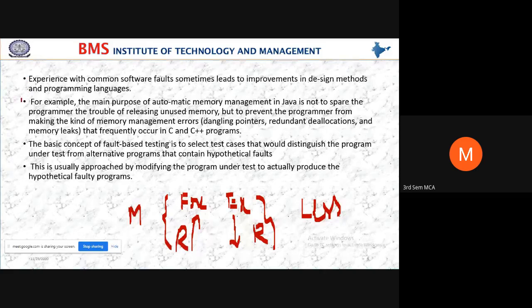In some programming languages we have automatic memory management. Compared to C and C++, Java has more advanced features.